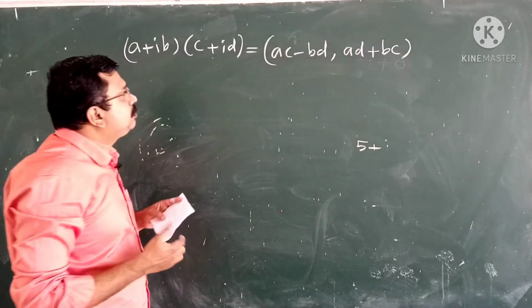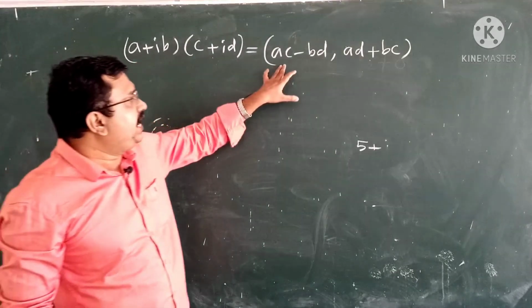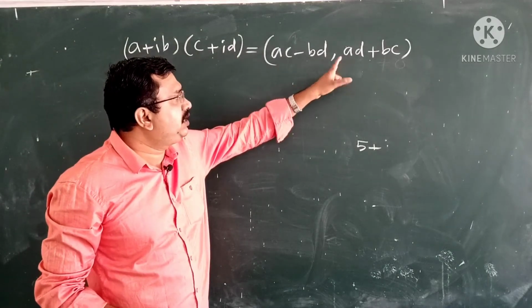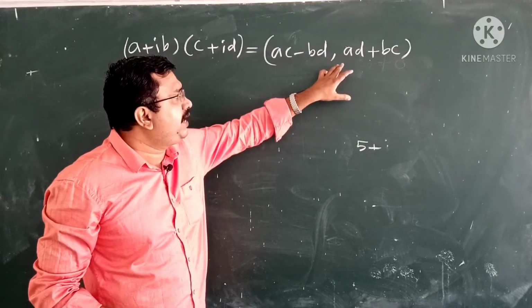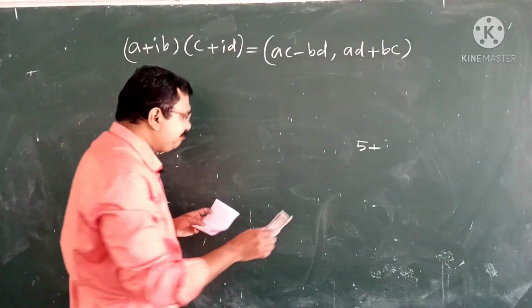That is, (a plus ib) into (c plus id) equals (ac minus bd), comma, here it is i into, that means ad plus bc.